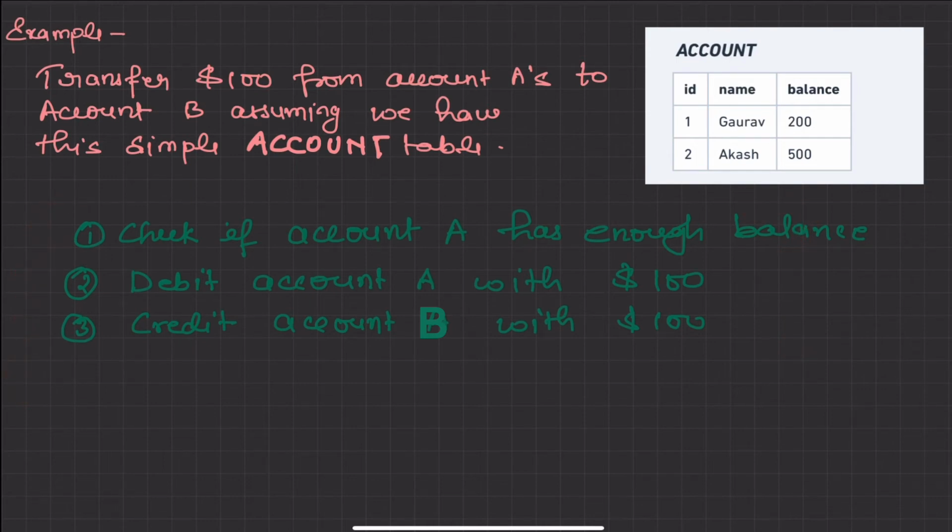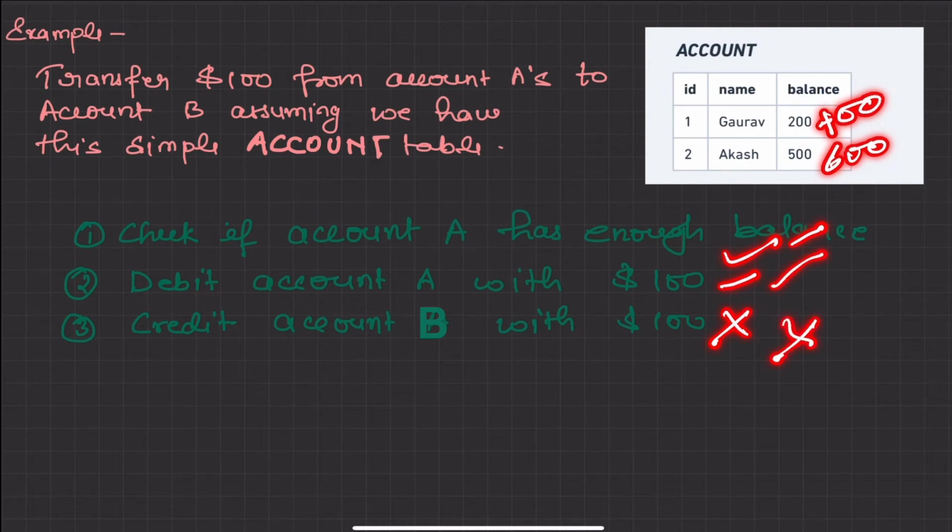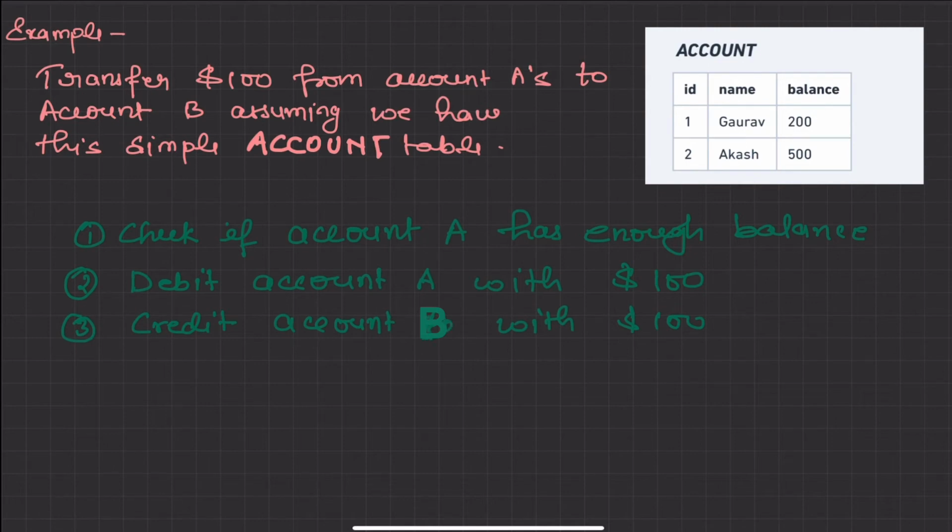To give you an example, suppose the select statement succeeded, the debit statement succeeded, but the credit statement failed. You debited $100, so this will be 100, but the other account never becomes 600. Why did it happen? Because the credit failed, so account B has never been credited.